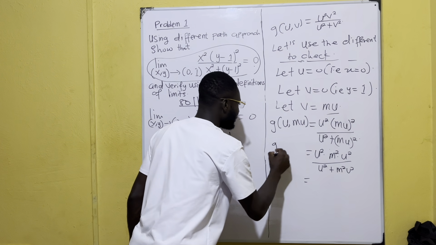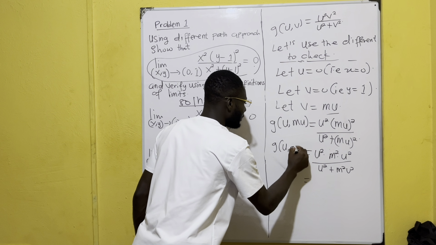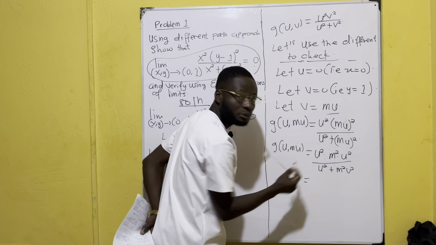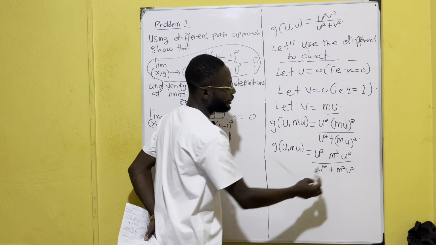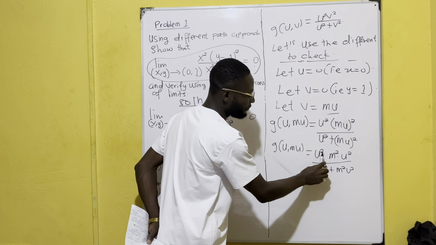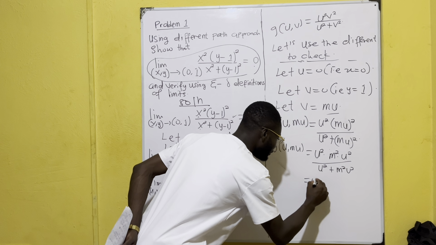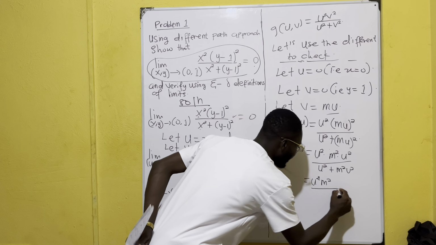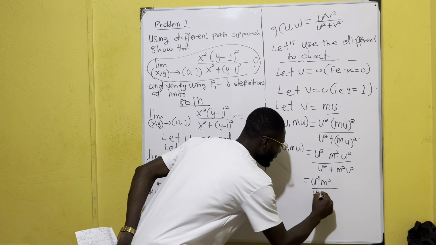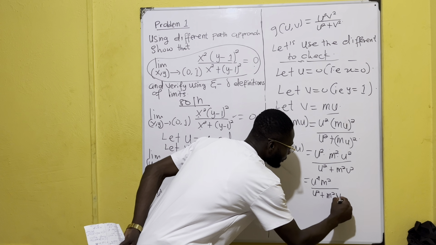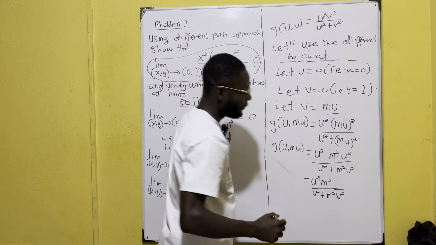You have u squared here, you have u squared here. Indices say when you have the same base and they are multiplying, you add the exponents. So you have 2 plus 2, and that is u to the power 4 m squared divided by u squared plus m squared u squared.